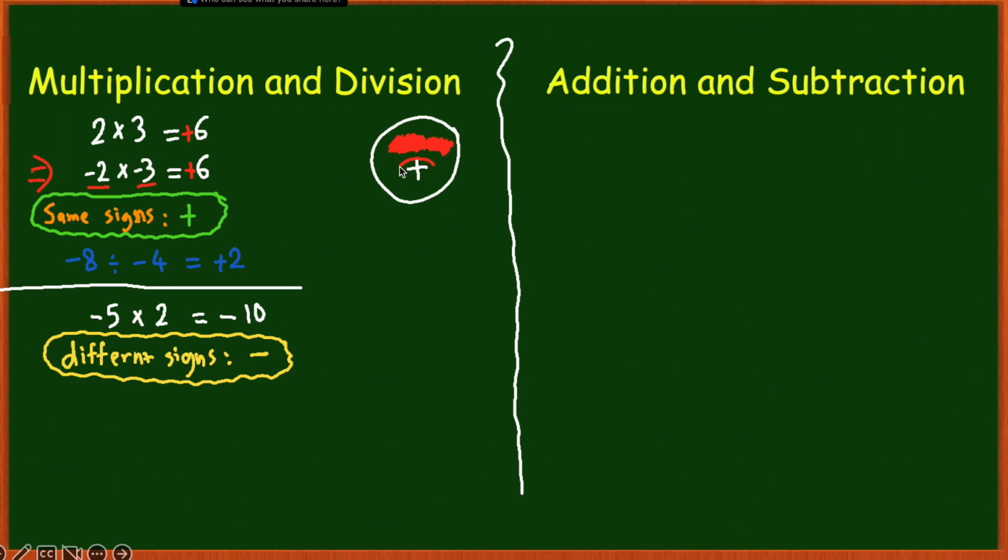What do you end up with? A positive sign. So that's going to be the sign of the answer. All right, let's try another one. Let's say, for this example, a negative sign here divided by a negative sign. Again, we will hide the negative sign for the first number and a negative sign for the second number. The answer is going to be a positive, so we place a positive right here.